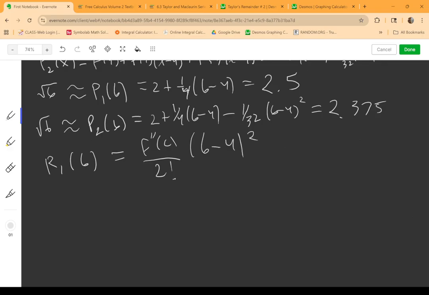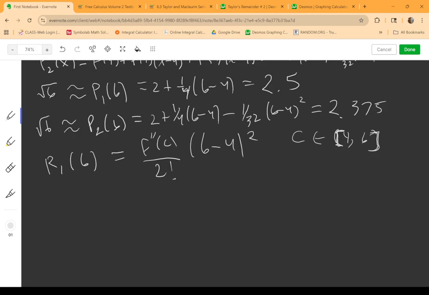Now, in order to capture the largest error that can be, I want to find the largest value. So c is going to live somewhere between 4 and 6, actually inclusive, it could be the endpoints, somewhere in there.